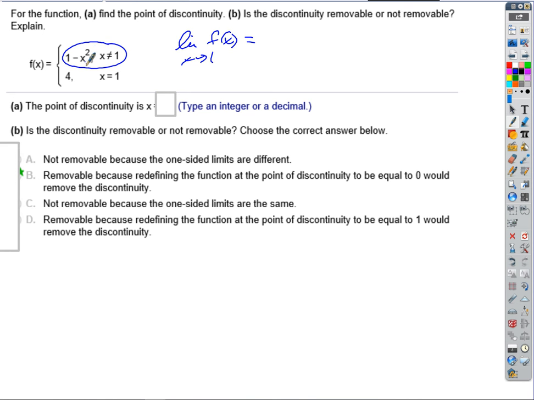That's easy. I just get 1 minus 1 squared, so I get 0. The value of the function at 1 is equal to 4. So this makes sense? It's removable because all we'd have to do to patch the hole is redefine this part of the function. Instead of setting the function equal to 4 at 1, what should we set it equal to? 0.